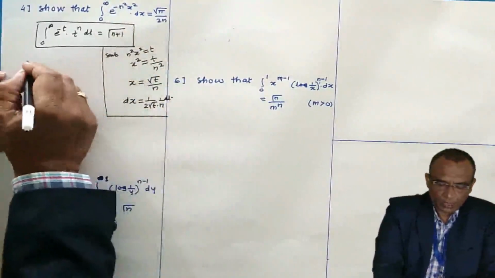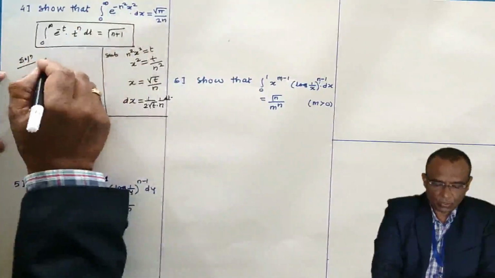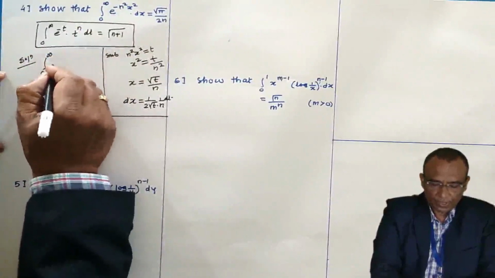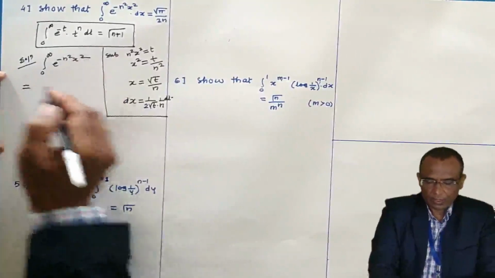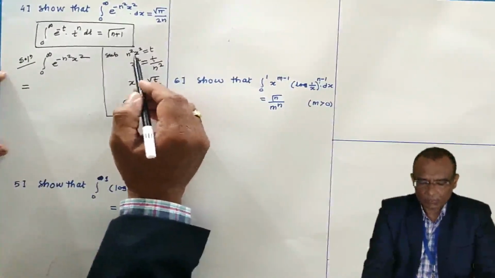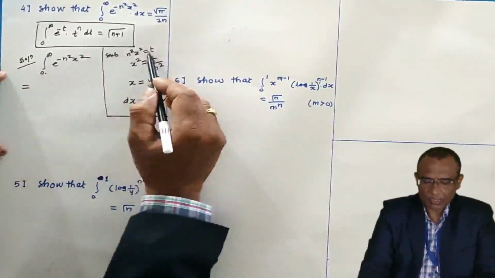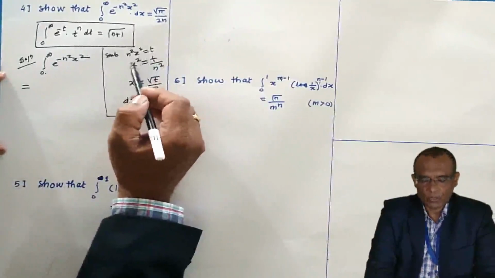Substitute here in this integral I am going to solve, 0 to infinity e power minus n square x square. Here the limits are not going to change. You can check it: for x equal to 0, t is 0, and for x equal to infinity, t is infinity. Okay, limits are not going to change.